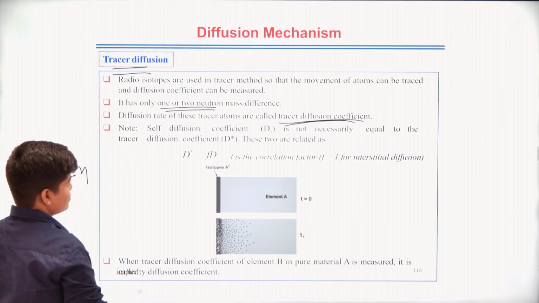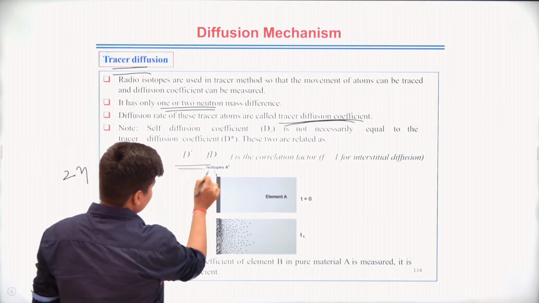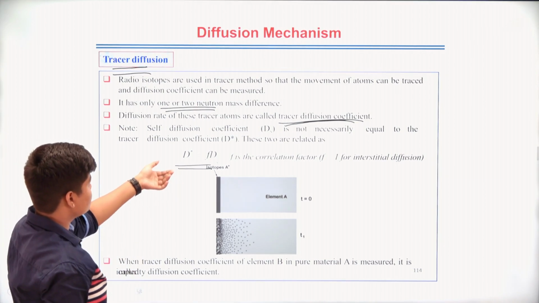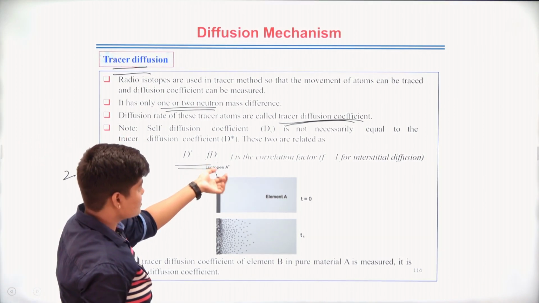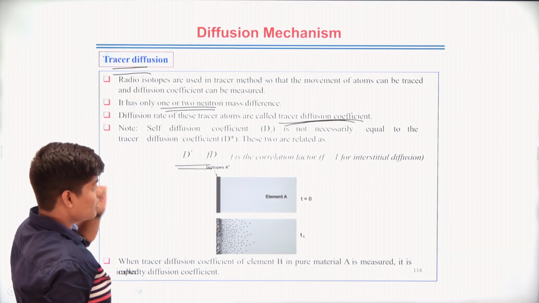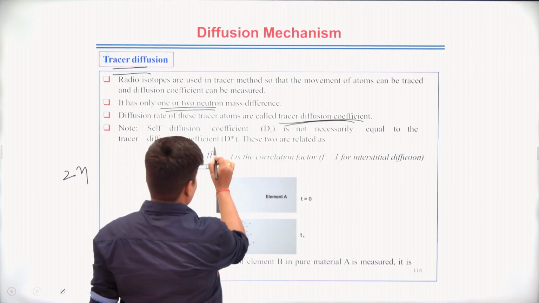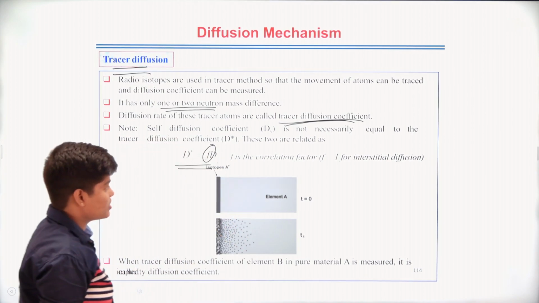Here the relation is D star equals F times ds, where D star is the diffusion coefficient of the tracer, ds is the self-diffusion coefficient, and F is known as the correlation factor.